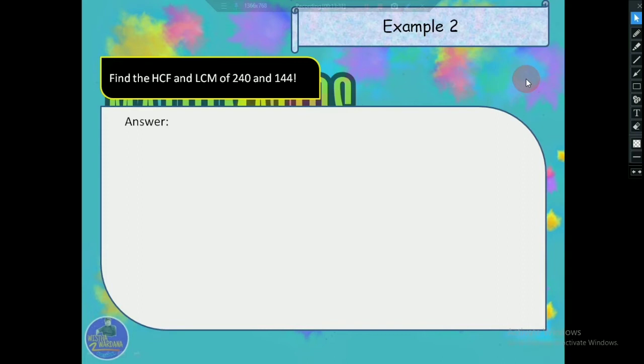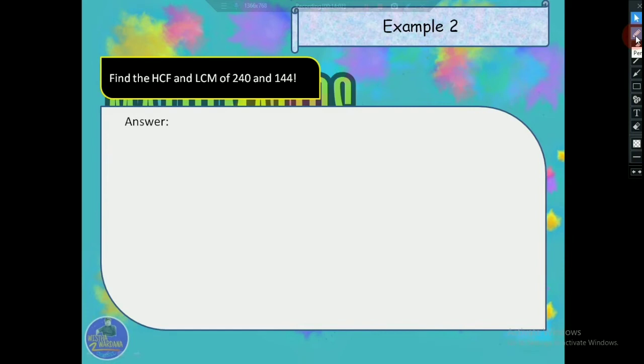So, if you want to answer this question, I suggest you use the continued division method. Because if you have numbers like this one in an HCF or LCM problem, you have to use the continued division method to get the answer quickly.